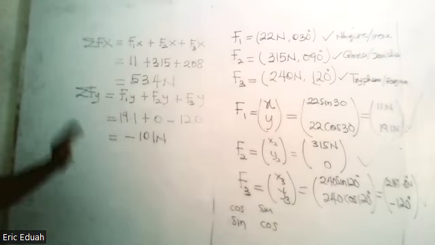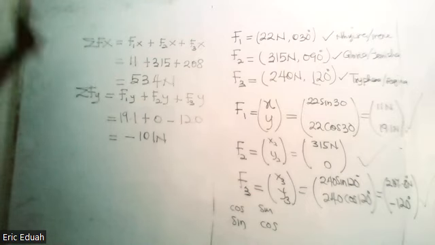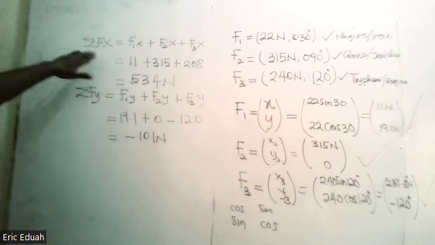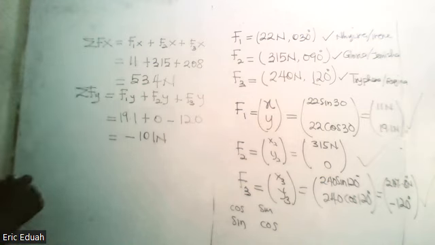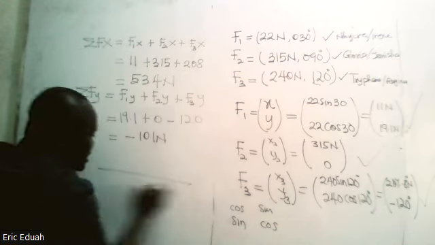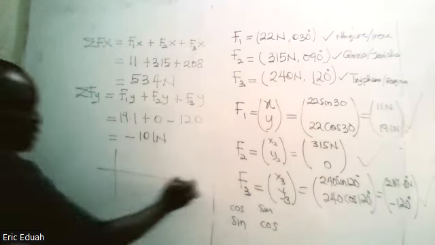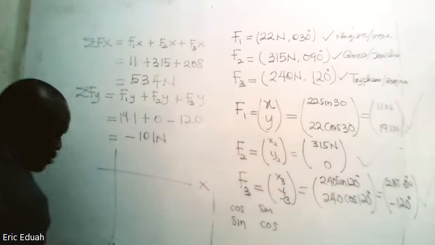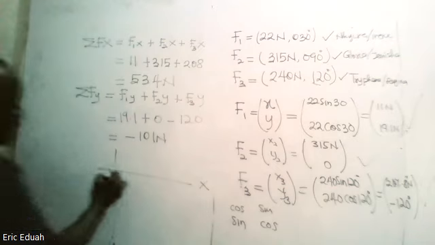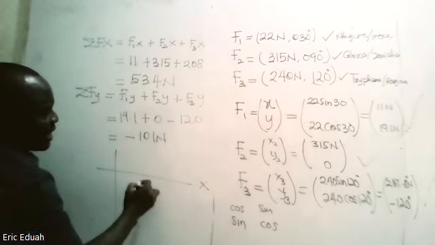So after summing every force into x and y components, we redraw. Look at what we got. We got a positive value for summation Fx. So let's draw the axis, X and then y. Because summation Fx is positive, it will be placed along the positive x axis.